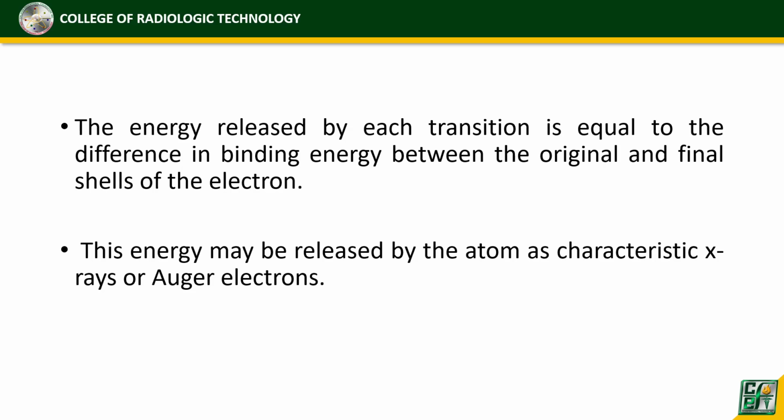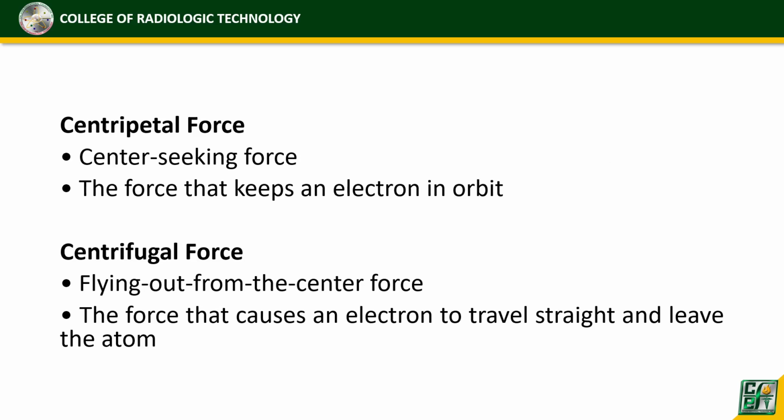So usually yan ay nangyayari sa mga nasa fourth period or transitional elements. Nakuha po ba yung tungkol kay Auger electron? Okay, so later on, ulitin natin yung discussion about Auger electron with the Auger effect. Okay? So sa ngayon, let us keep focus muna doon sa ating electron arrangement.